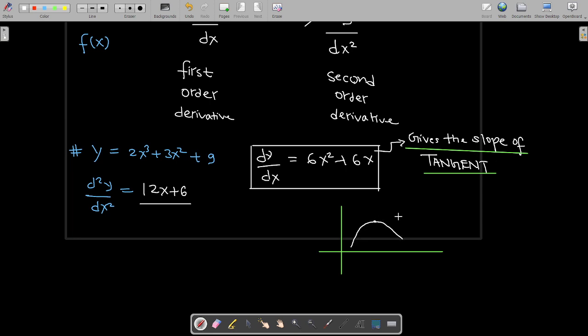For example, this is a maxima, because this particular value over here is greater than its neighboring value. This is a maxima as well, and this is a maxima as well.